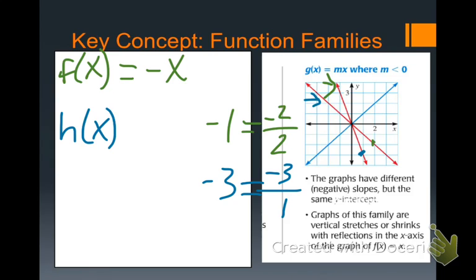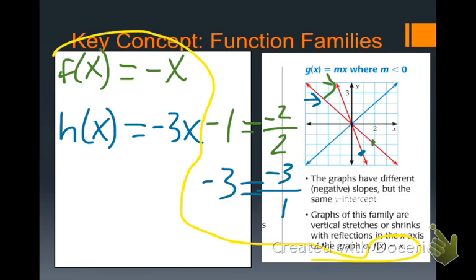And we could write h of x equals -3x. So this time our function family are all functions that go through the origin, but we've changed the parent function by adding a negative coefficient. And that's it for this section.